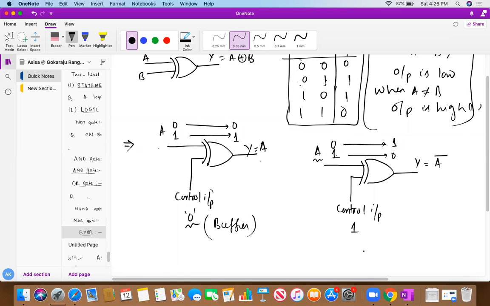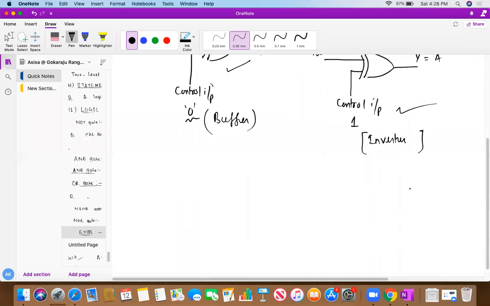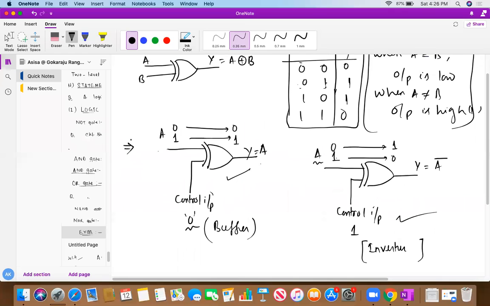So this gives me an inverter operation. The earlier circuit gives the input as it is, and here it gives the complement of the input, so it behaves like an inverter. Do you all understand? Very simple.